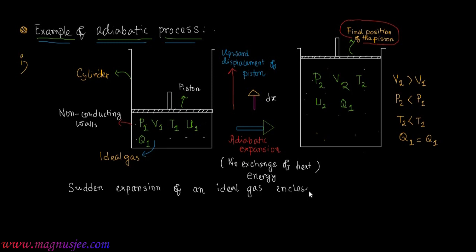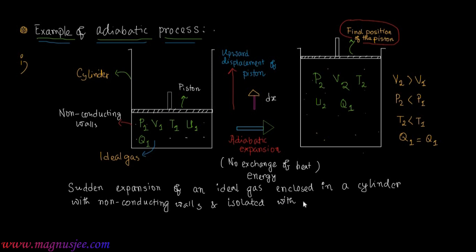Sudden expansion of an ideal gas enclosed in a cylinder with non-conducting walls so as to prevent the exchange of heat energy, and fitted with a frictionless piston, is an example of adiabatic expansion.